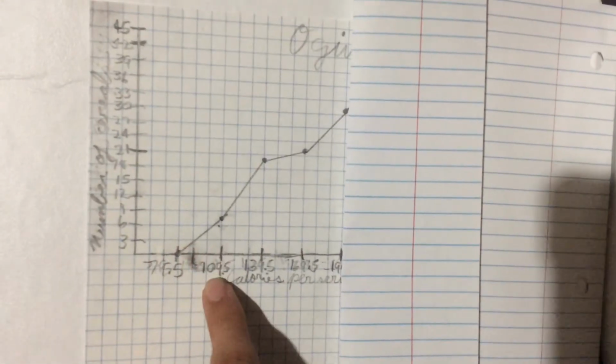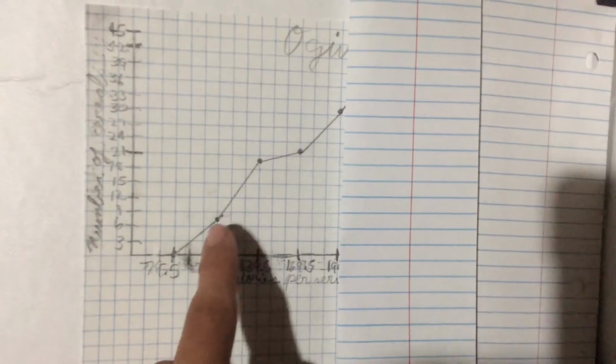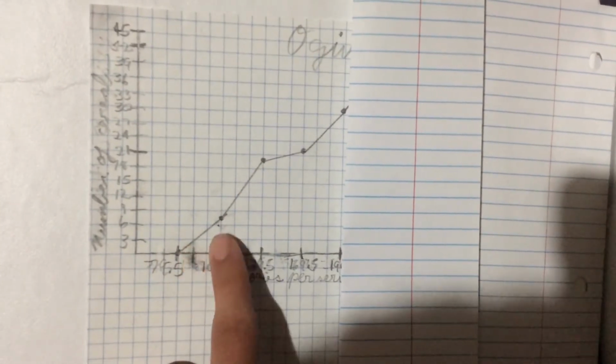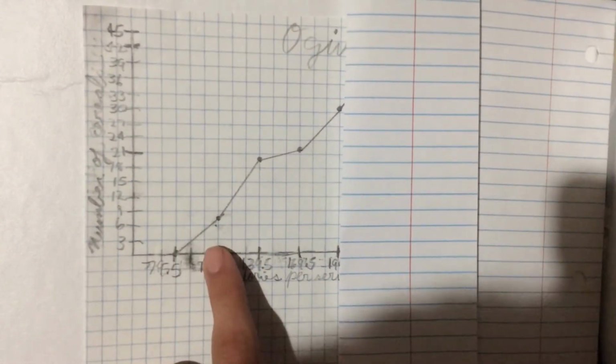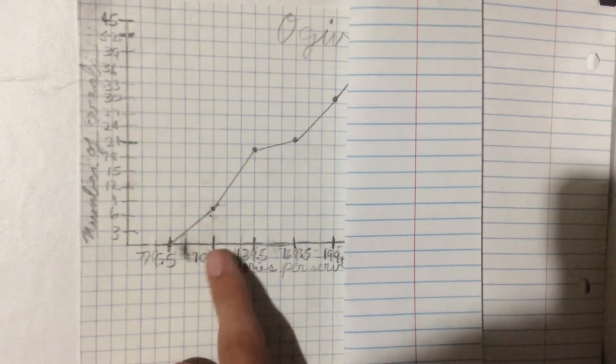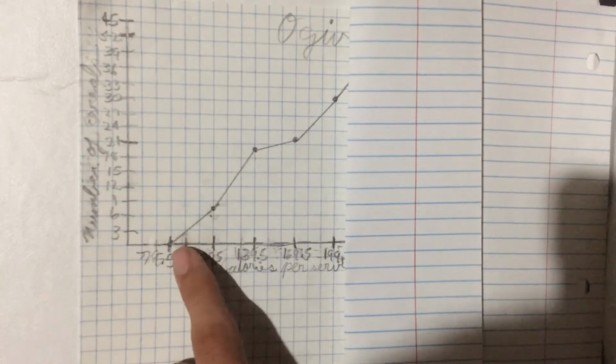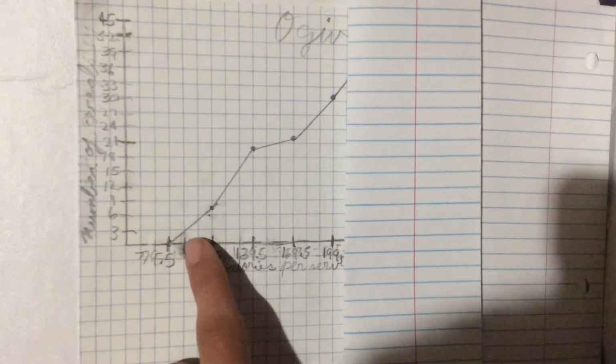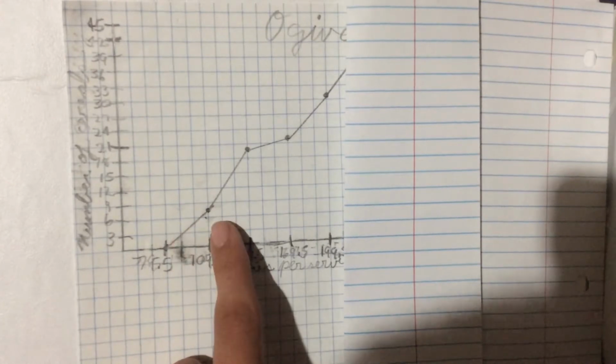But once you get to 109.5, now at this point there are a certain amount of cereals that do have that many calories. Well, not this many calories, but they have up to that many calories. I don't know exactly what the calories are, but they're anywhere in between this range.